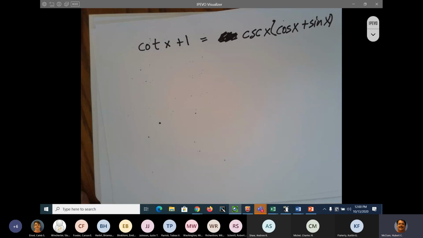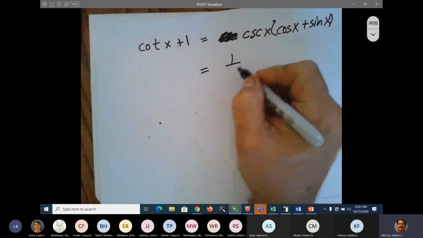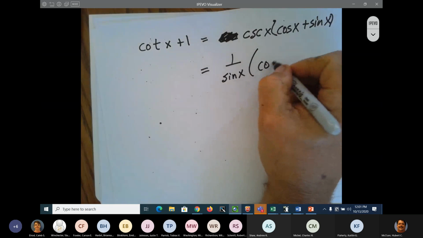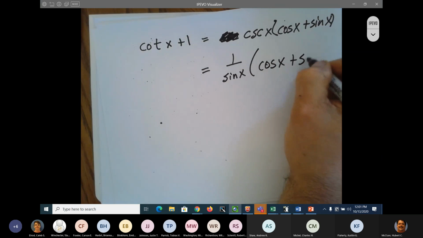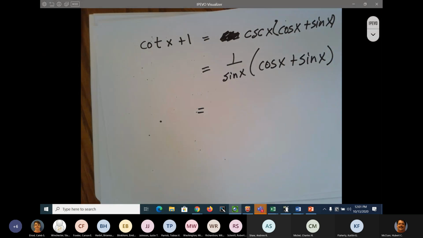So, what are we going to do first? Well, I would take the right-hand side and I would change that cosecant to 1 over the sine. Now what?